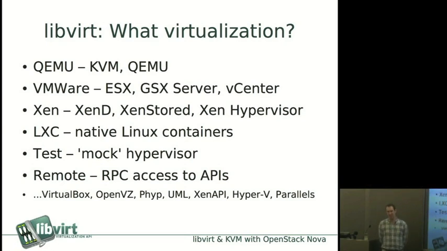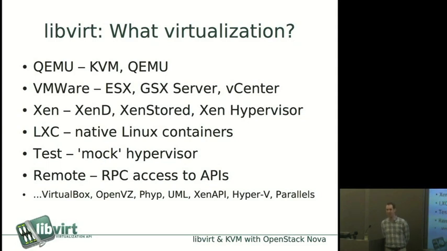In terms of Linux, the Linux containers are obviously a pretty high-profile component of Linux these days, still under pretty active development. I wouldn't really want to be deploying LXC in production right now, but people do, I'm told. The test hypervisor is basically just a dummy in-memory stub of all of the Libvirt APIs, so you can write applications that work against Libvirt and test them in an automated fashion without having to worry about having a real hypervisor behind the system.